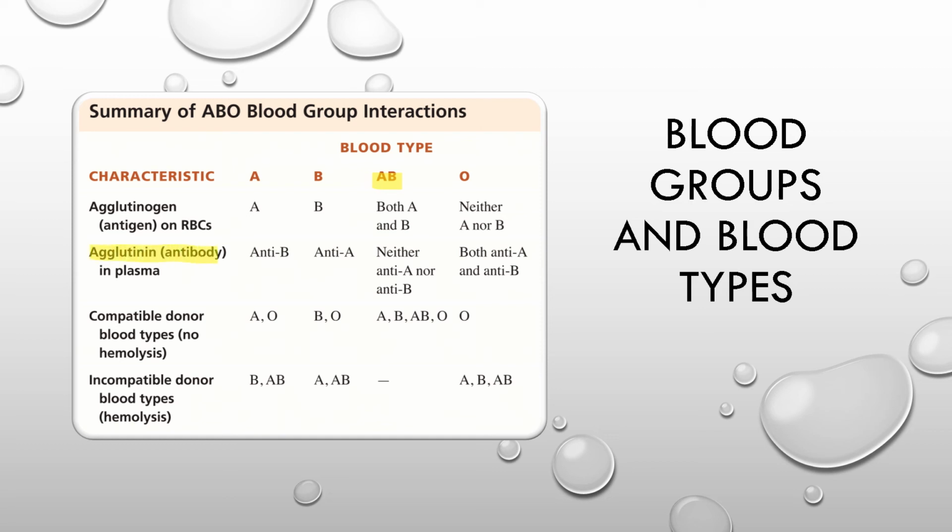Because of this, AB blood types are called universal recipients.